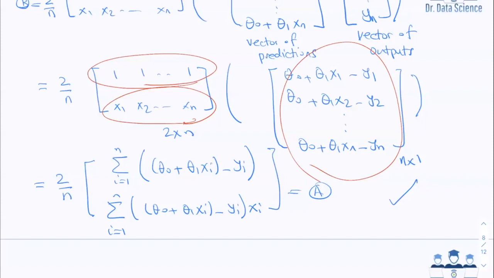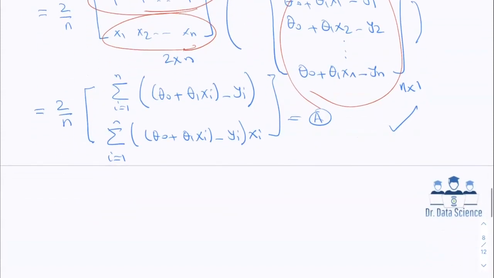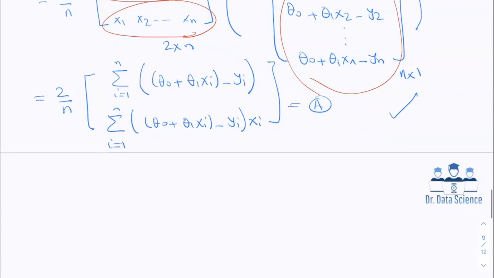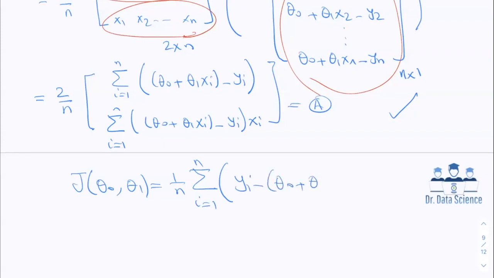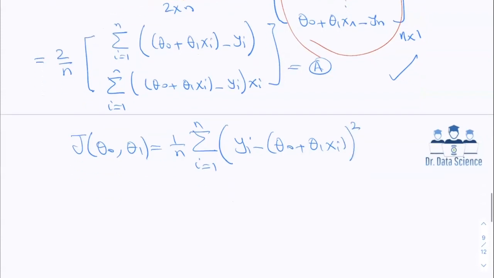And that's our second step. Step 1 was that we defined the cost function, which, if you recall, was this mean square error, the sum of yi minus theta 0 plus theta 1 xi, raised to the power of 2.